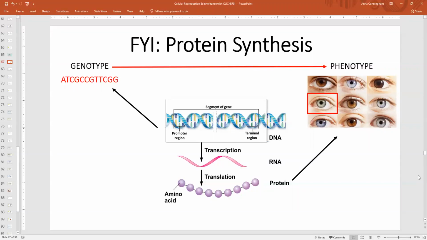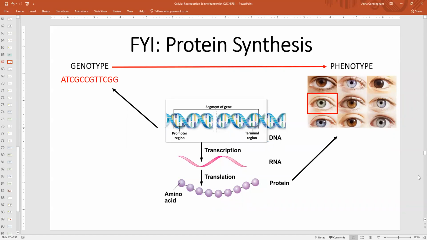So if your genotype was ATCG, whatever, and your phenotype is, I have a box around it, like green eyes. The green eyes, the physical manifestation of the genes you have, your eye color, would be your phenotype. Another way to say that is the genotype is the DNA and the phenotype would be the protein, or what we actually see as a result of your genes.